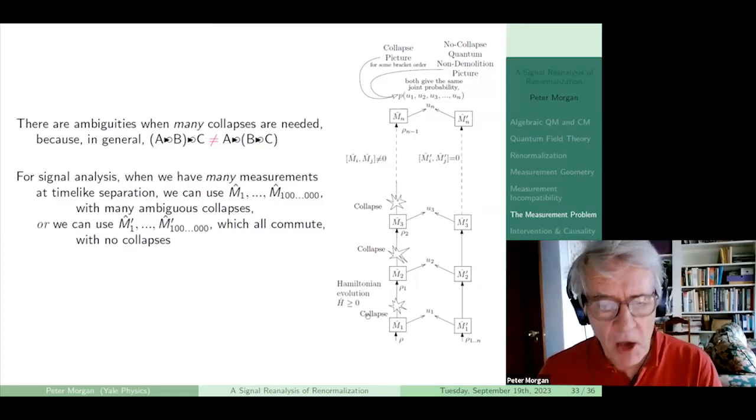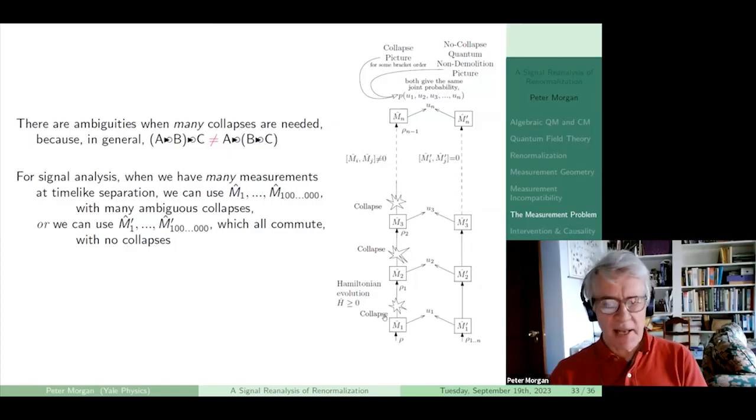Where this comes into its own, I think, is when we consider signal analysis, where we're actually performing millions of measurements, all at time-like separation, so they all don't commute with each other. After every measurement, you'd have to have a collapse if you were doing the conventional sort of quantum theoretic approach, where everything collapses. Whereas we can, in a quantum non-demolition perspective, just use all commutative operators at different state to obtain exactly the same joint probability.